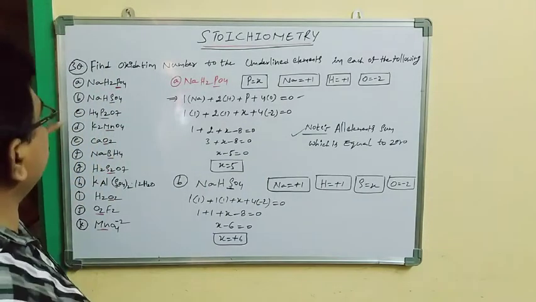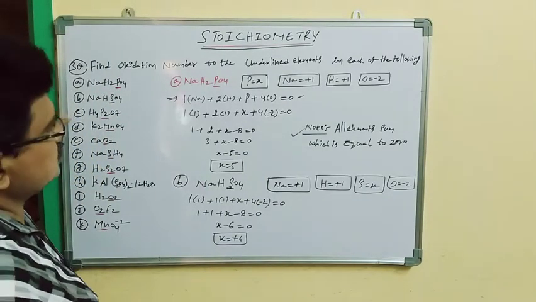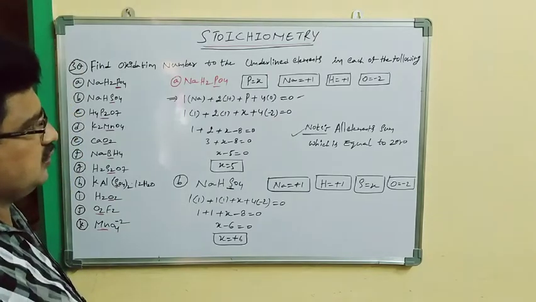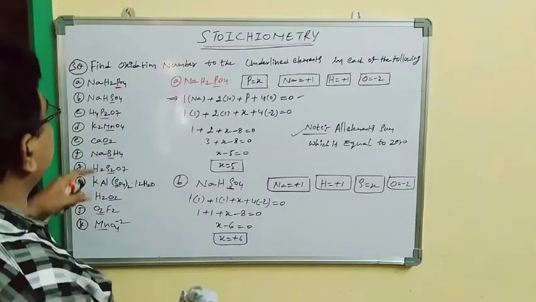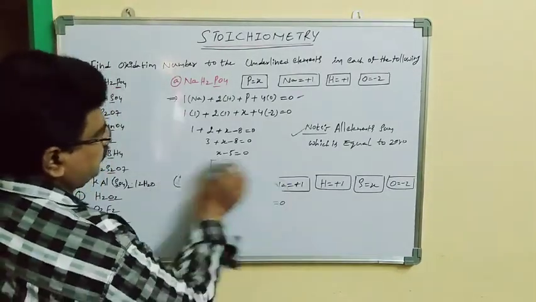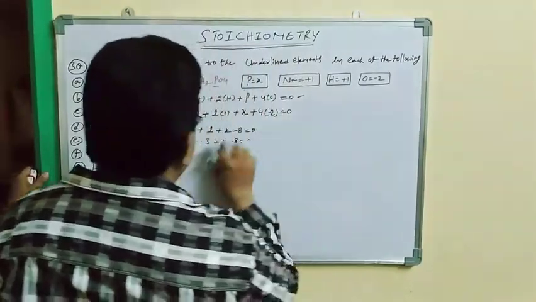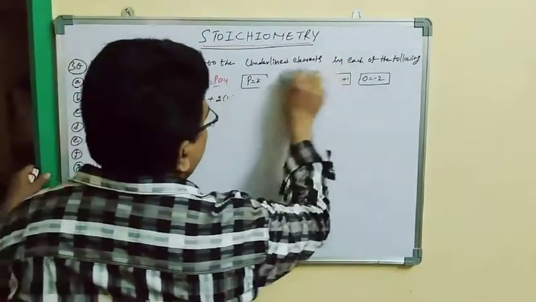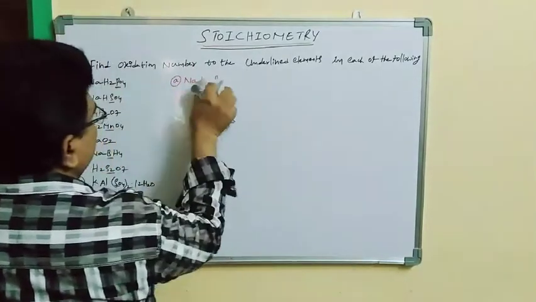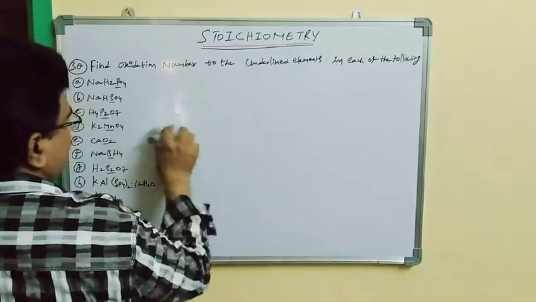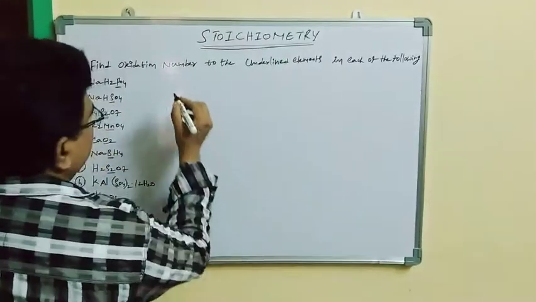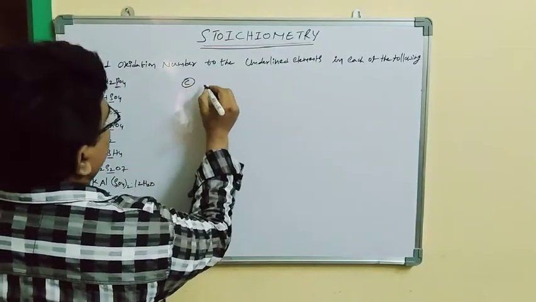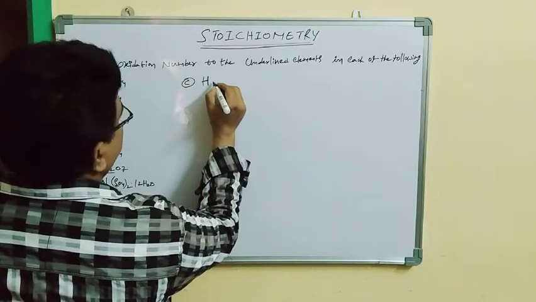Now I am going to explain the third one, C, H4P2O7.